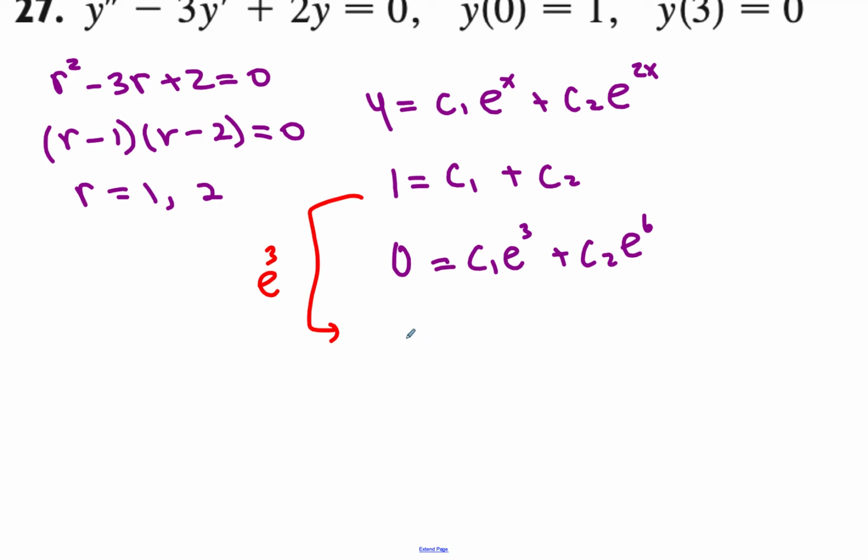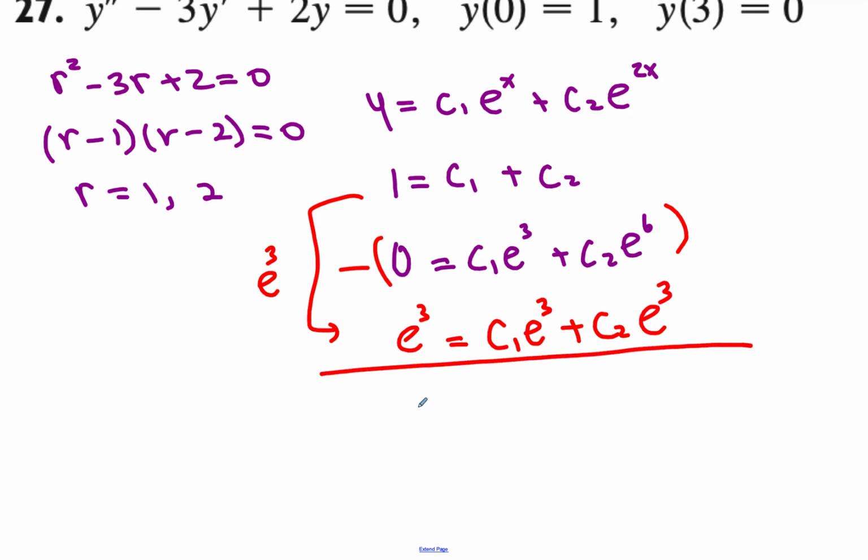So here we get e to the 3 power is equal to c sub 1 e to the 3 power plus c sub 2 e to the 3 power. And when I subtract the other equation, the c sub 1 terms cancel away, and we have c sub 2 times (e to the 3 power minus e to the 6 power).